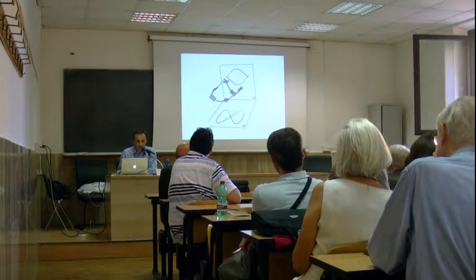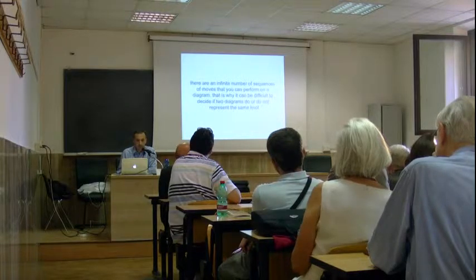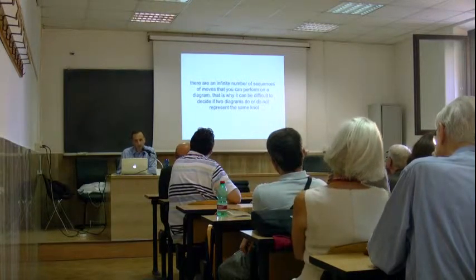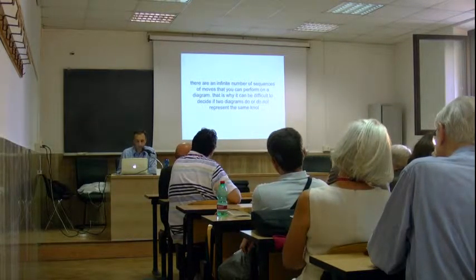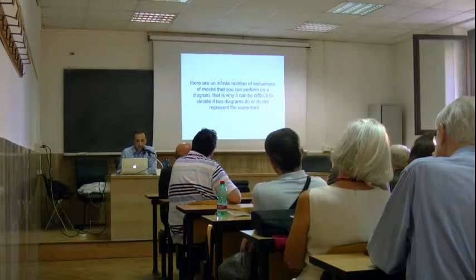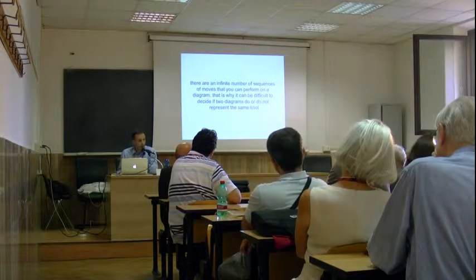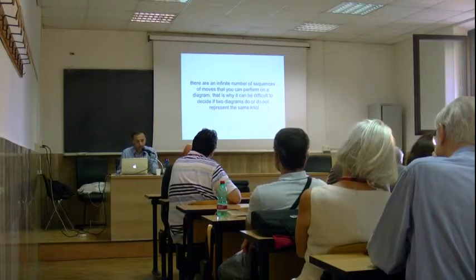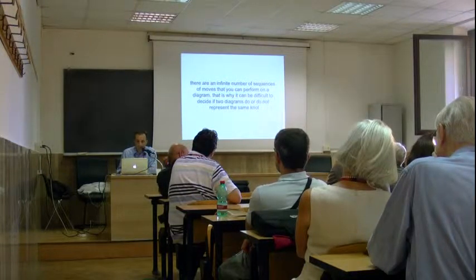So now the problem is that there is an infinite number of sequences of moves that you can perform on a diagram. And this is why it can be difficult to decide if the diagrams do or do not represent the same knot. So the use of a particular representation generates a new problem.